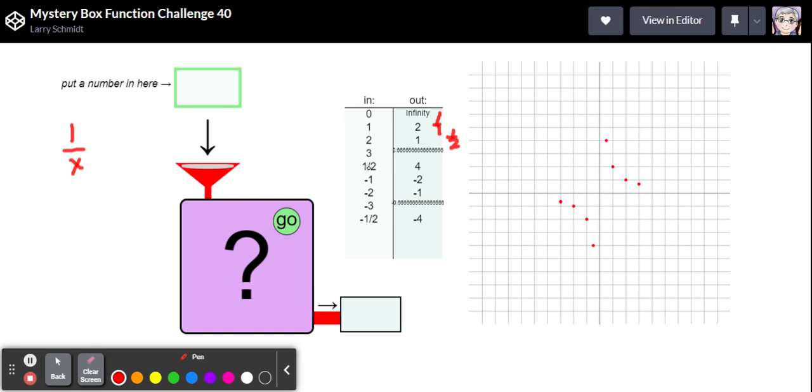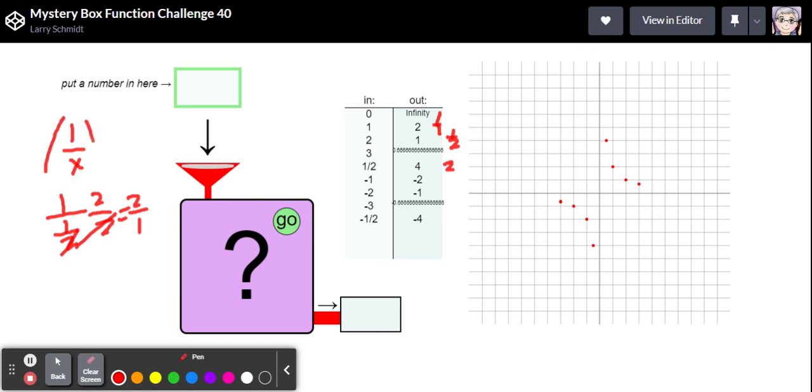Does that go with this one? 1/2. So 1 over 1/2, what is that? Well, you could multiply by 2 over 2, and that would get rid of that. It puts the 2 on the top and the 1 on the bottom, so that would equal 2. So 1 over 1/2 should give us 2, but it gives us 4. So it looks like it's all just doubled.